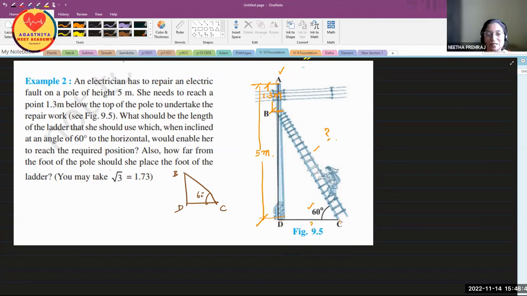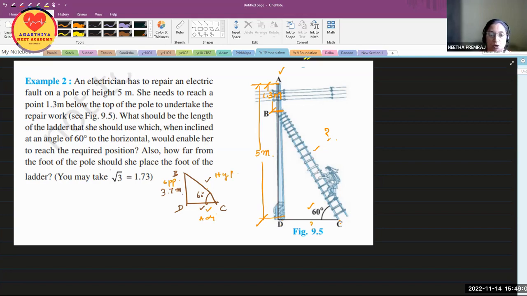Very good. So we want to calculate this and this. We will calculate one by one. We will calculate DC. This is the opposite side. This is the adjacent side. This is the hypotenuse.